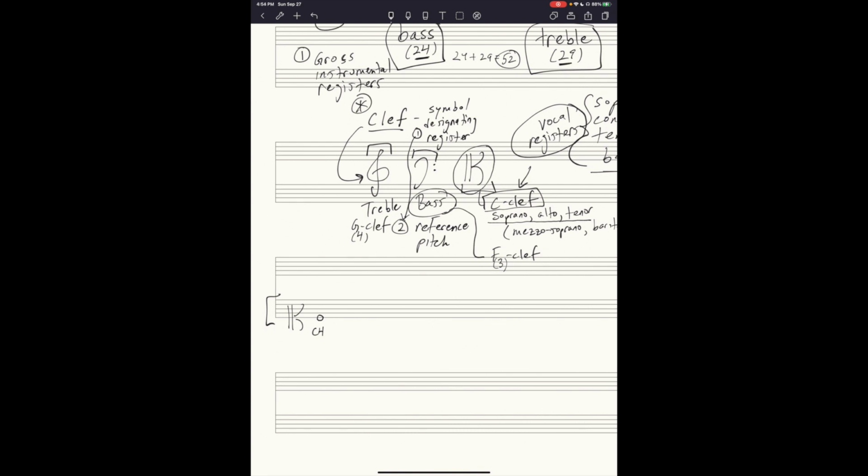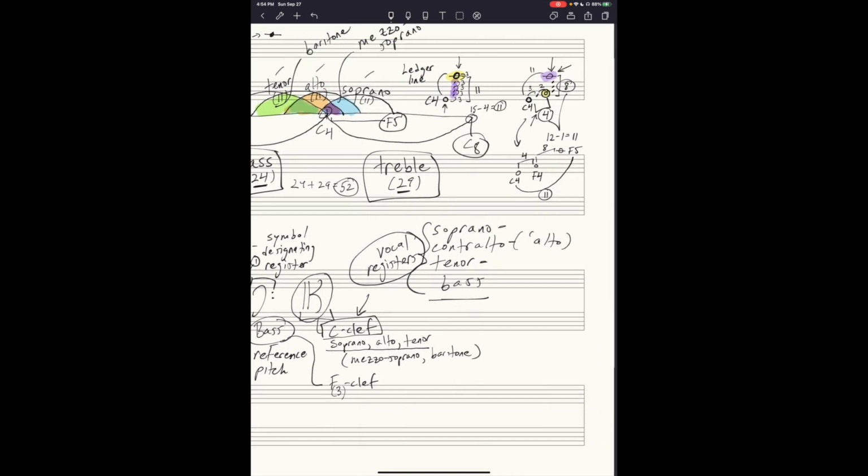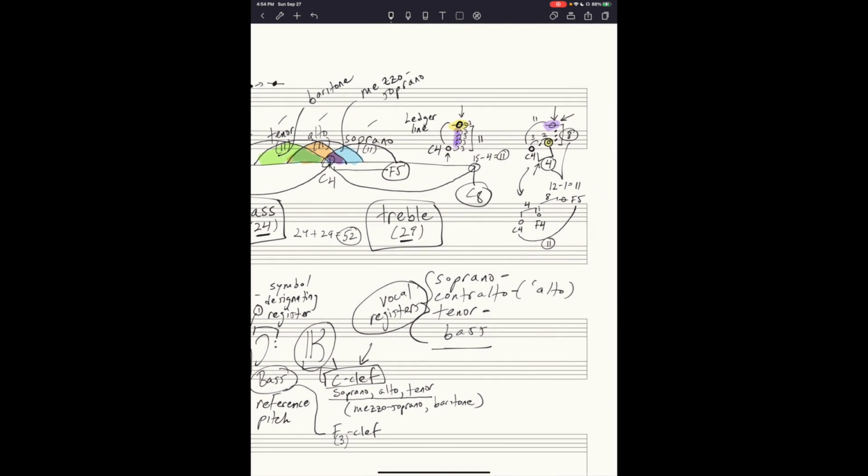Now, what we can do here is figure out the range of the soprano because this, after all, is the soprano register. Well, why did I jump to that conclusion so quickly? Remember that I had worked this out earlier when I was using the soprano over here on my diagram, and then to practice, I indicated that C4 was all the way at the bottom of the staff on the first line.